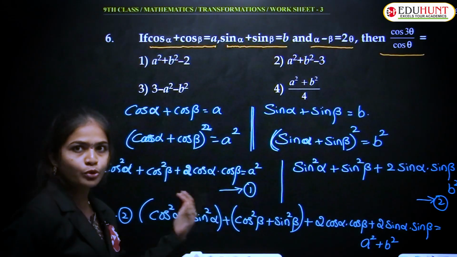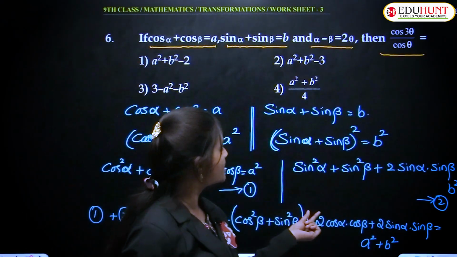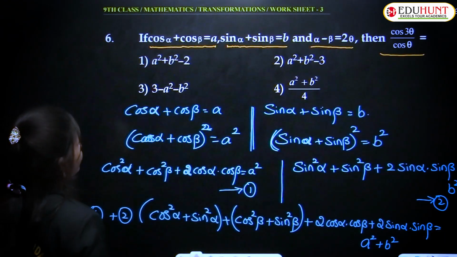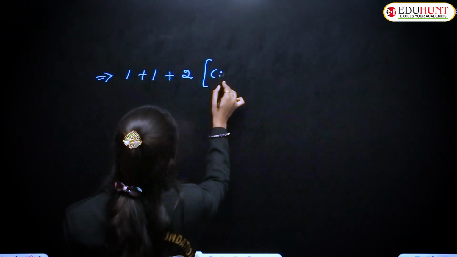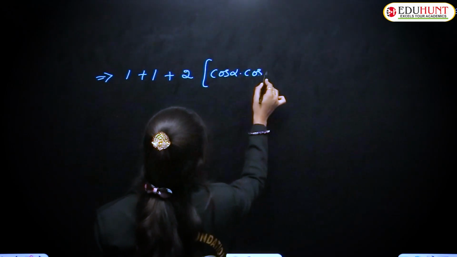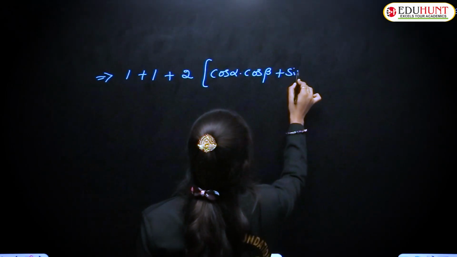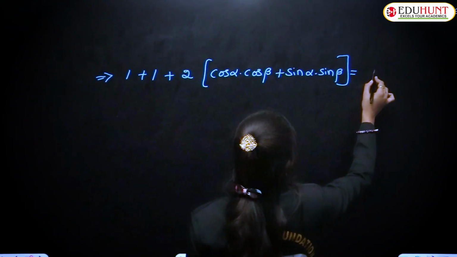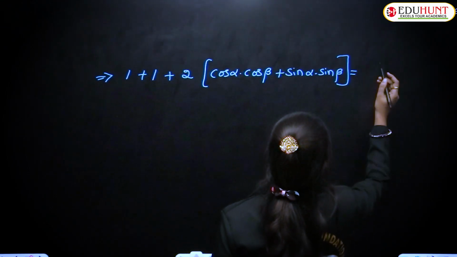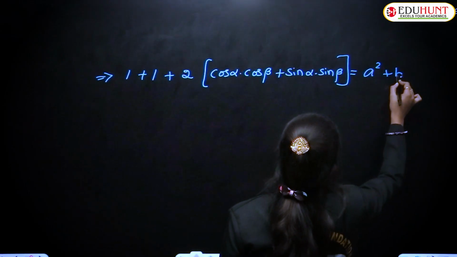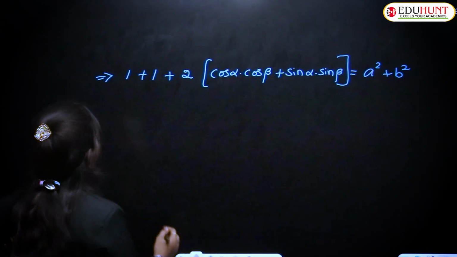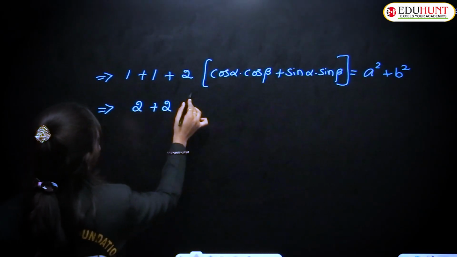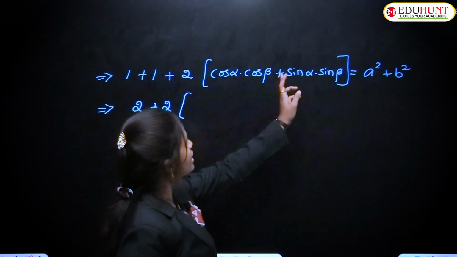So take 2 as common, and the leftover terms are cos alpha cos beta plus sin alpha sin beta. So 2 into (cos alpha cos beta plus sin alpha sin beta), which is equal to the RHS, A square plus B square. Understand? So from this, 1 plus 1 is 2, plus 2 into (cos alpha cos beta plus sin alpha sin beta).